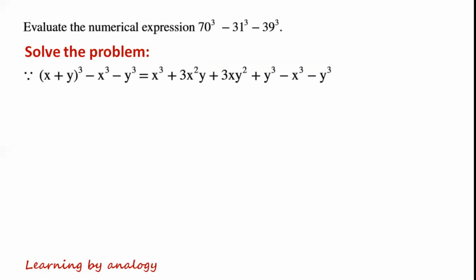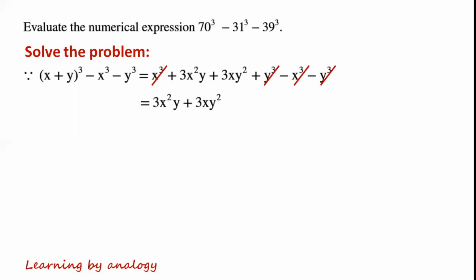By the binomial theorem, we know that (x plus y) cubed minus x cubed minus y cubed can be written as x cubed plus 3x squared y plus 3xy squared plus y cubed minus x cubed minus y cubed. x cubed and minus x cubed cancel, y cubed and minus y cubed cancel.